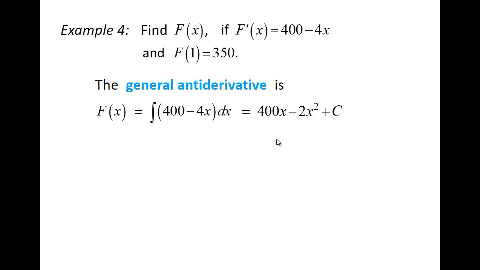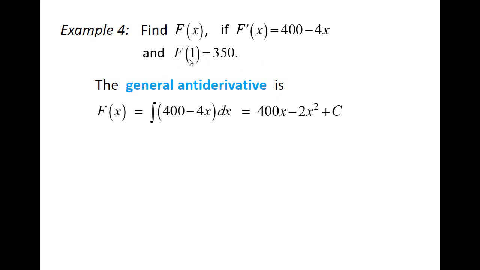So this is the general antiderivative of the function 400 minus 4x, and there are infinitely many of them, right? Capital F would be one of them.